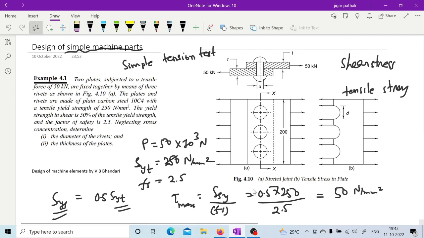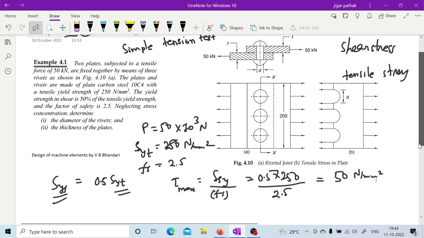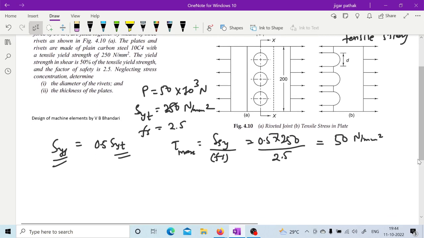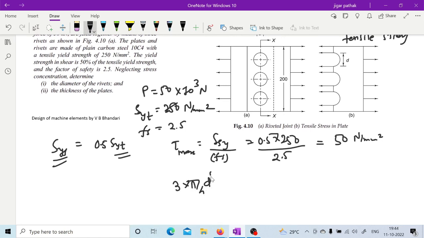So once you have this tau max as 50, then next you can consider the area on which this stress is acting. So area will be, as 3 rivets are there, 3 into pi by 4 d square, right? Because stress is equal to load upon area, this area into stress will be equal to the force.